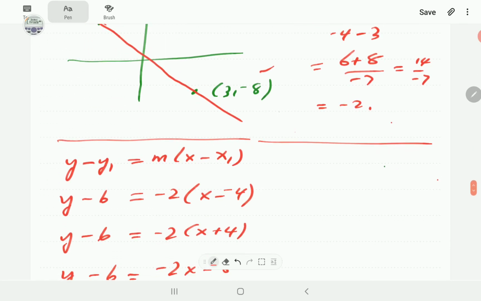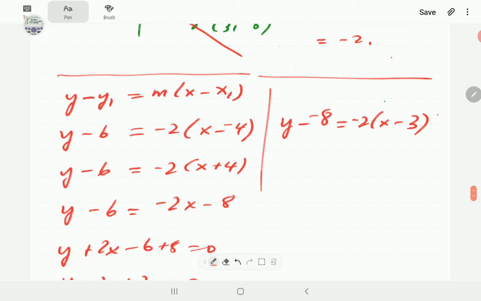Now, if we do the same calculation using the other point, we're going to have y minus negative 8, negative 2 into x minus 3. Okay, then this one is y plus 8. Removing brackets this side, we got negative 2x plus 6.